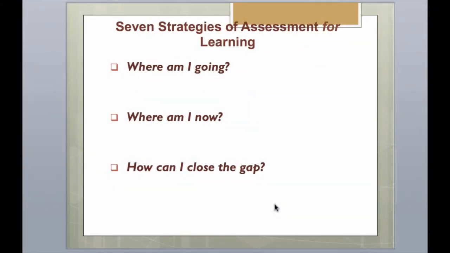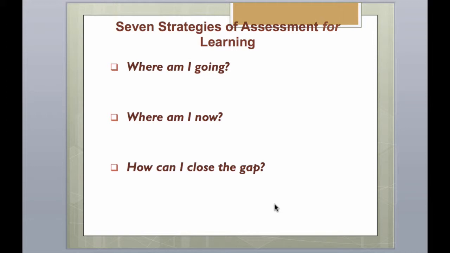So the 7 Strategies of Assessment for Learning are structured around 3 key questions intended to gain the maximum learning out of our assessment practices. For the first category, where am I going, we have 2 strategies.